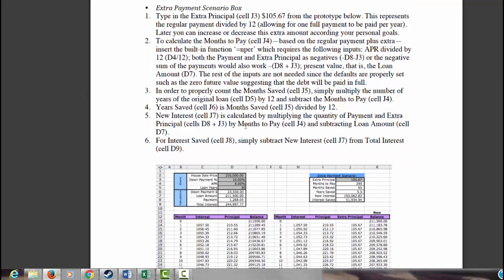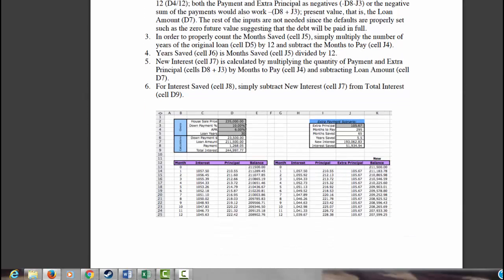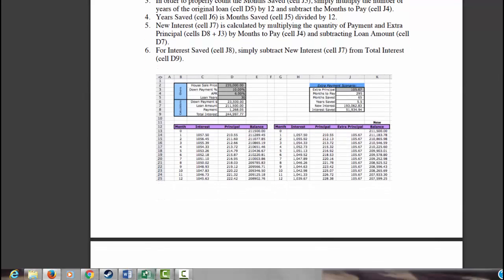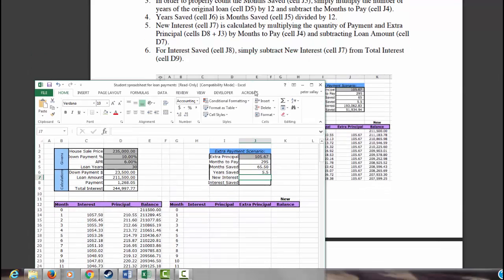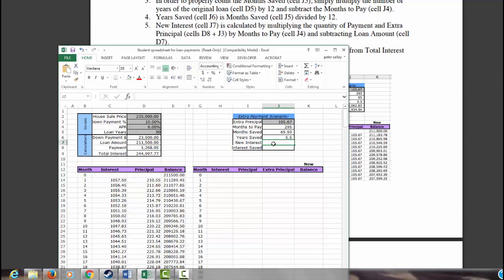New interest is calculated by multiplying the quantity of payments and the extra principal by the months to pay and subtracting the loan amount. Okay, so kind of read this, kind of click on it step by step as it tells us to. New interest, okay, so J7 is calculated by multiplying the quantity of payments. So I want D8, plus, oops, notice I want to do this by, I want to add those first.